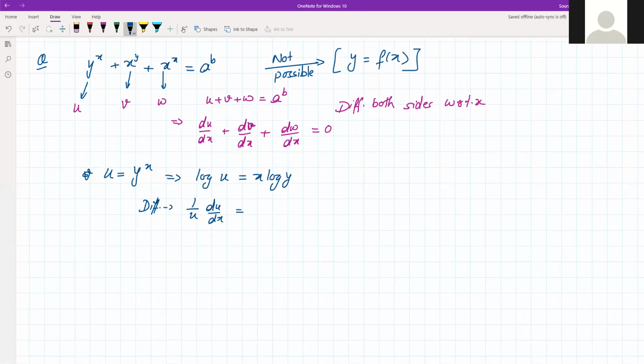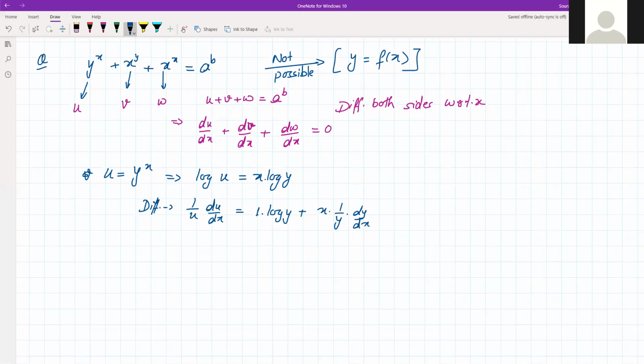That is equal to, now this is a product function, I mean a product of two functions, x into log y. So the UV formula, that is the product rule, that's what we are going to apply here. That is differentiation of the first function, that is 1, into the second function as it is, plus first function into differentiation of the second function.